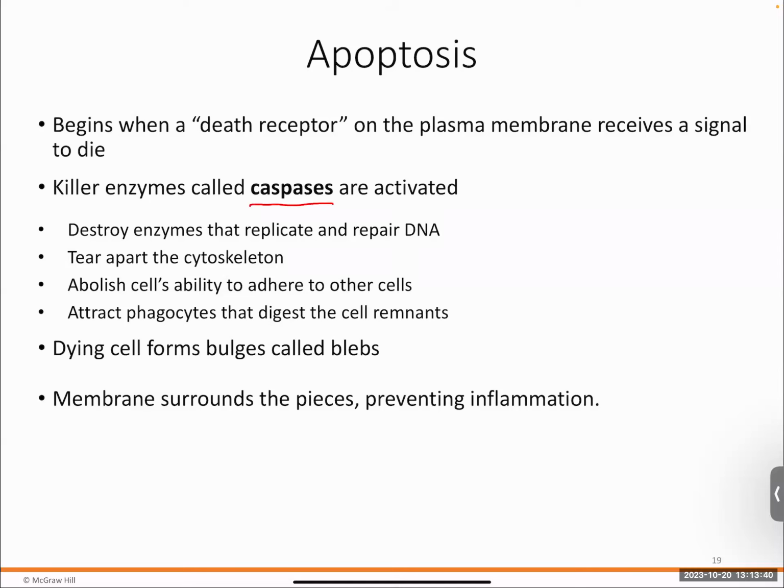And caspases get produced by the cell and they get activated inside the cell. What they do is they start to destroy the enzymes that are important to maintain your DNA or damage your DNA or replicate your DNA. So you're knocking the DNA out of the equation as the process of apoptosis starts to take place.